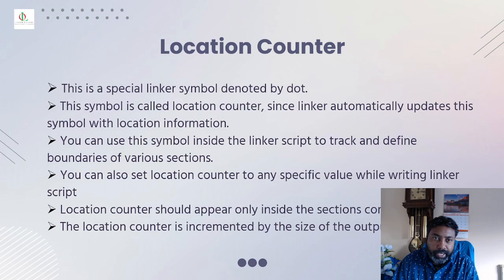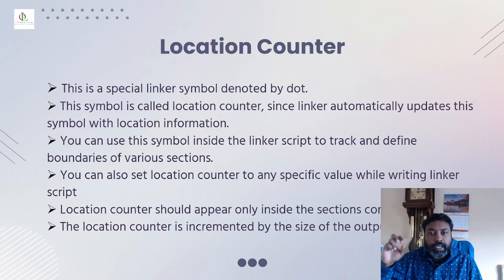And next, a very important thing in the program is the location counter. What is a location counter? Since you are using different locations to store your data inside the memory allocations, everything will be represented in sections. In the symbol it will start with a dot at the start and finish with a dot at the end.